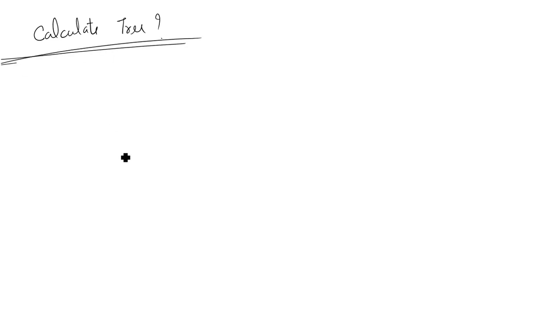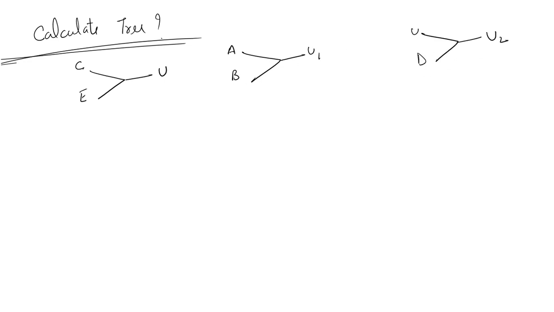Now what we have to do is calculate our tree, which we have not calculated yet. So how will we calculate it? Bring all the trees here first. The first one was CE, U. The second one was AB, U1, and then UD, U2.